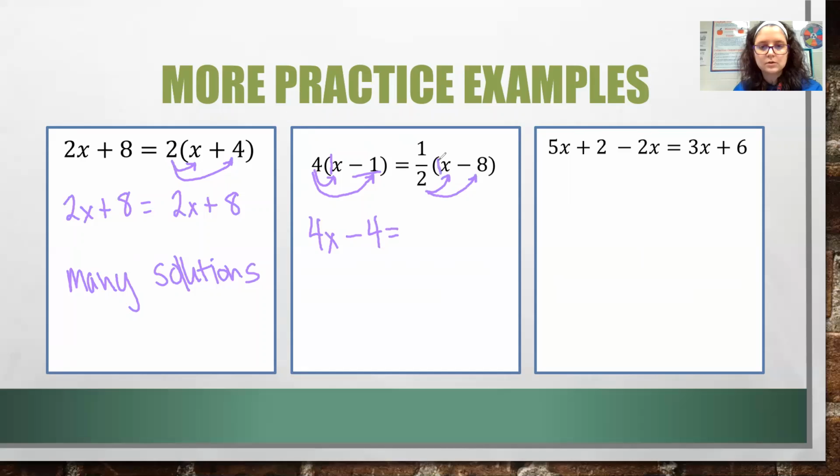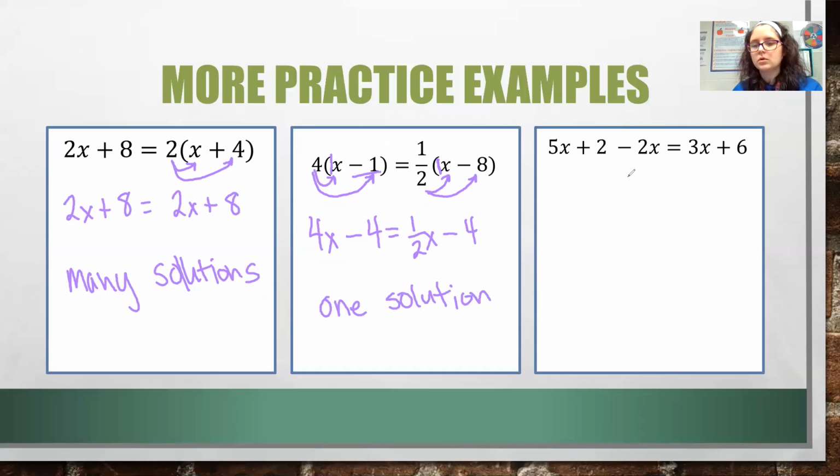I know there's an understood 1 there. 1/2 times 1x is 1/2 x. 1/2 times negative 8, half of 8 is 4, so that's a negative 4. So even though my constants are the same, it doesn't matter. My coefficients on my variables are different, so this will give us one solution.